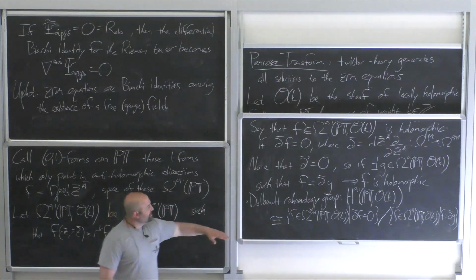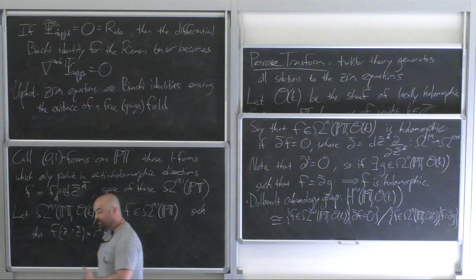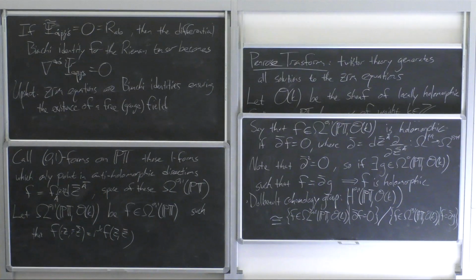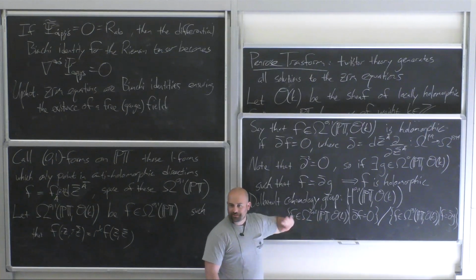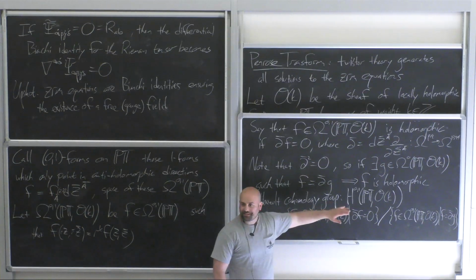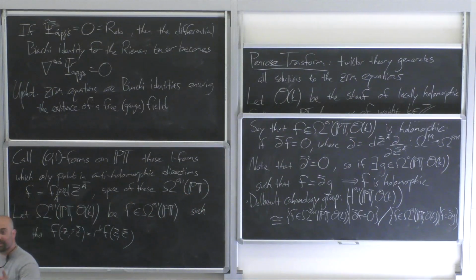So the existence of interesting cohomology is somehow tied to the existence of interesting topology. And if, instead of PT, we took here CP3, the whole of CP3, these would be empty. But because we removed that line, we now have this open subset, and it has interesting topology.